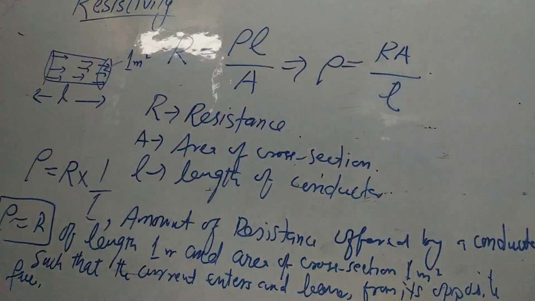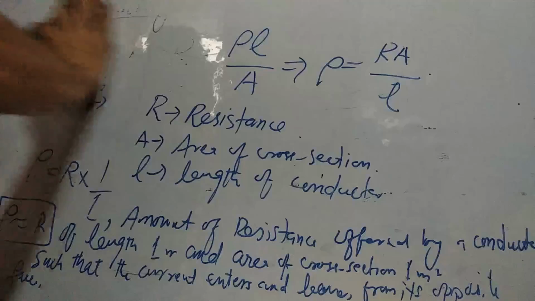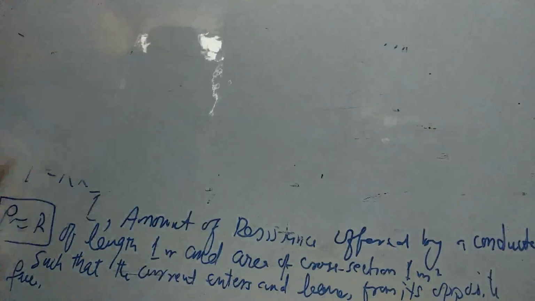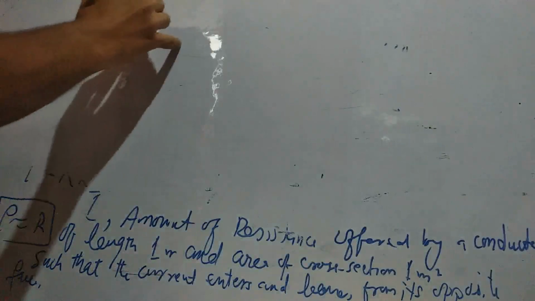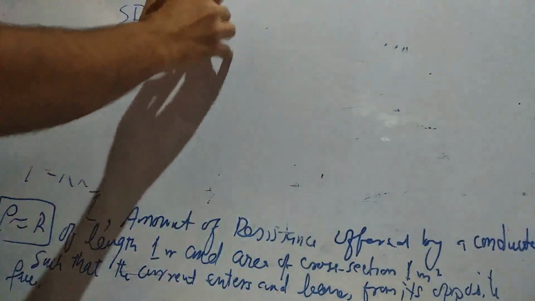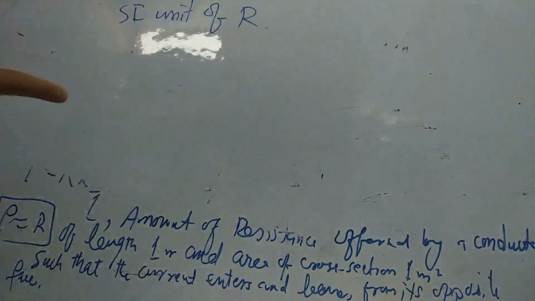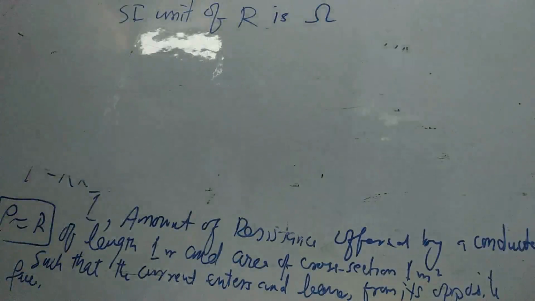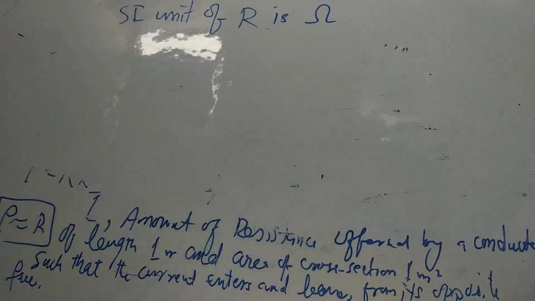The SI unit of resistance is ohm, denoted by this letter. And we can calculate the SI unit of resistivity also.